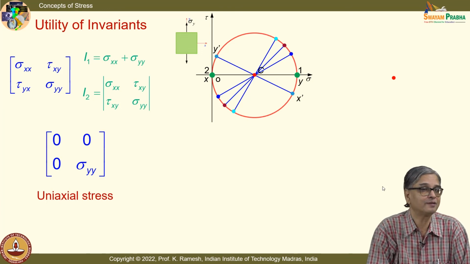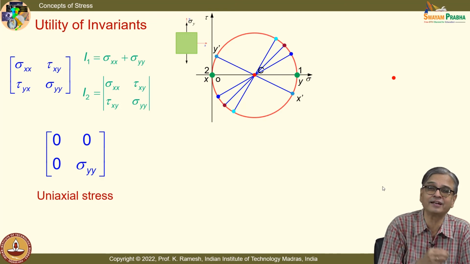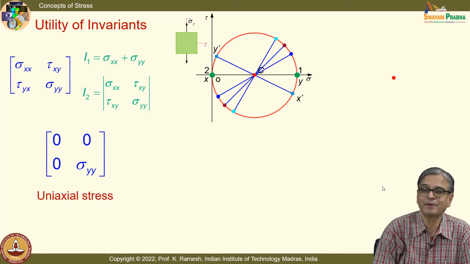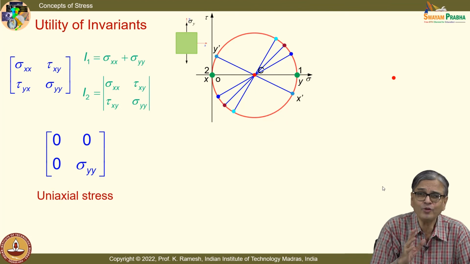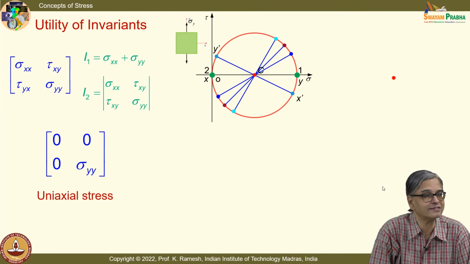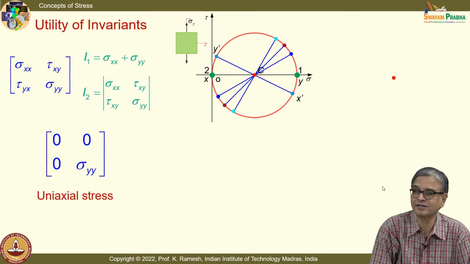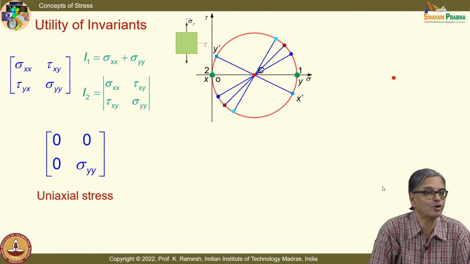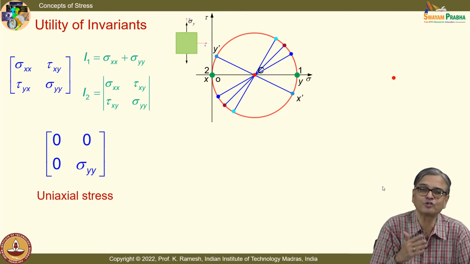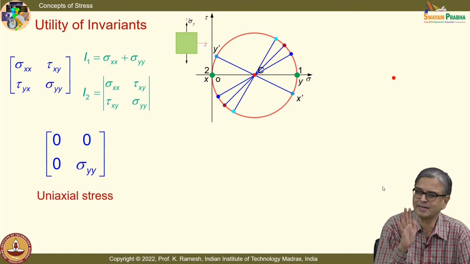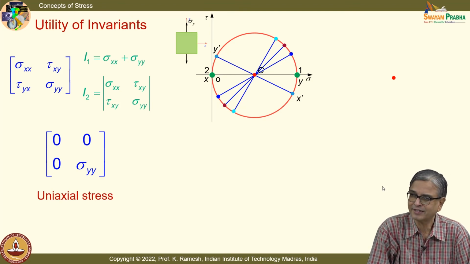Now tell me, by utilizing the invariant, suppose I give a matrix which is populated, how will you verify whether it is representing a uniaxial state of stress? You have a clue right on your screen. I say that you have to utilize the invariants. Please think about it.